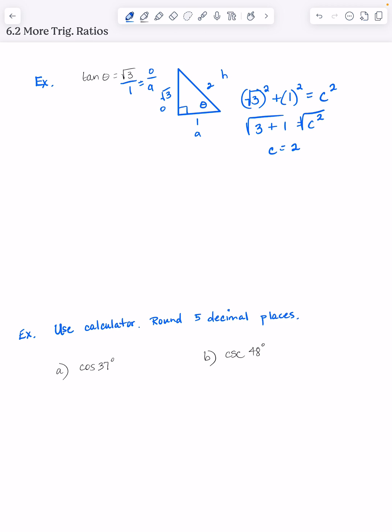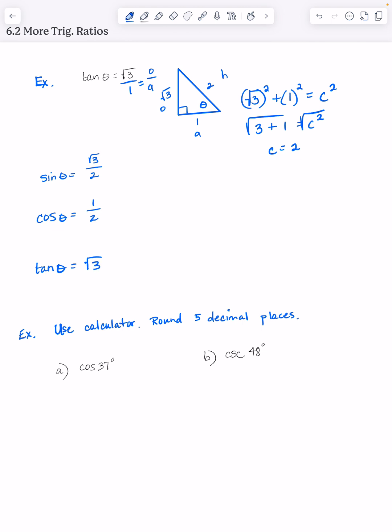Alright, so my 6 trig ratios, I've got the sine of theta is opposite over hypotenuse. I've got cosine of theta is adjacent over hypotenuse. I was already given the tangent of theta, but I know the tangent of theta is opposite over adjacent.